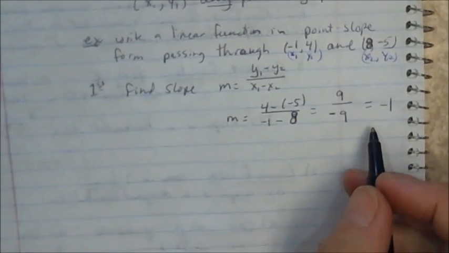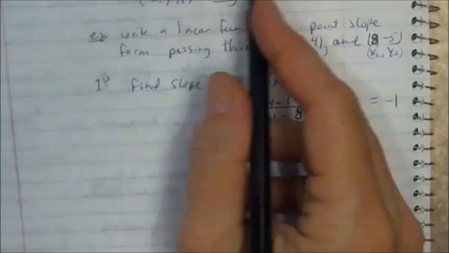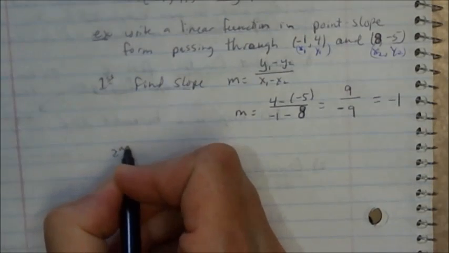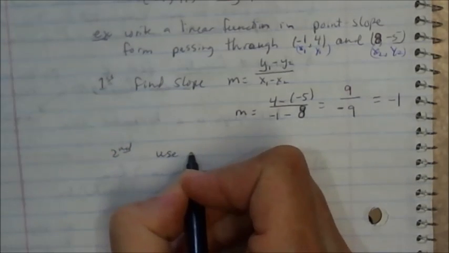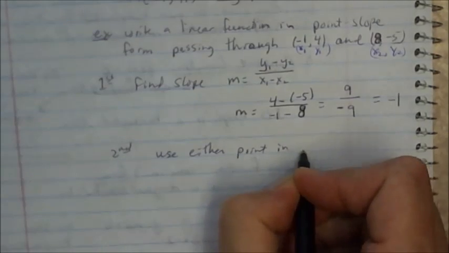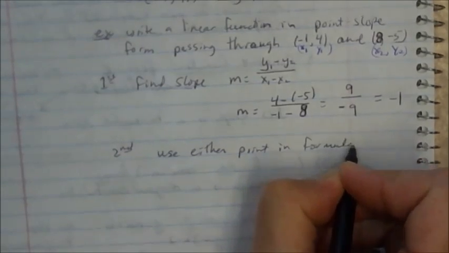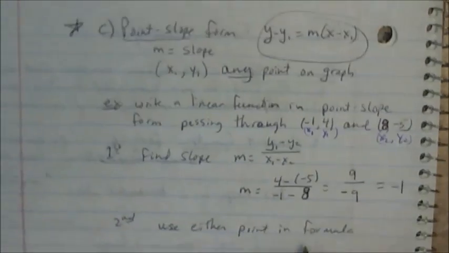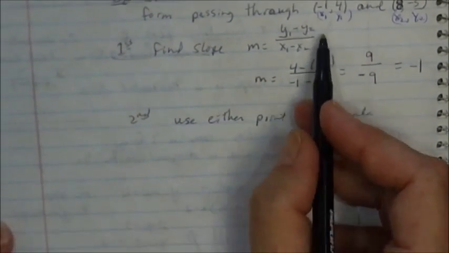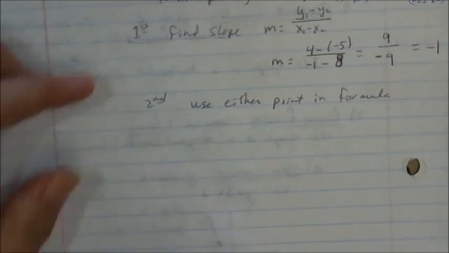So we found the slope, and then you can use either point and plug it in. So that's your first job. First, find the slope, and second, use either point in the formula, which is this formula up here. So let's use this x1, y1 here.